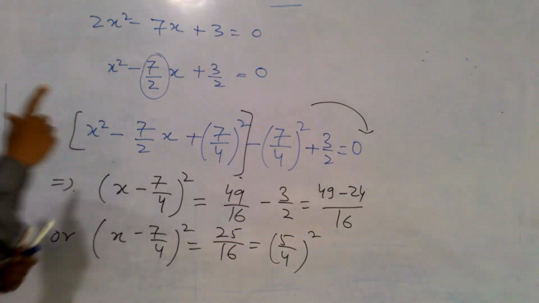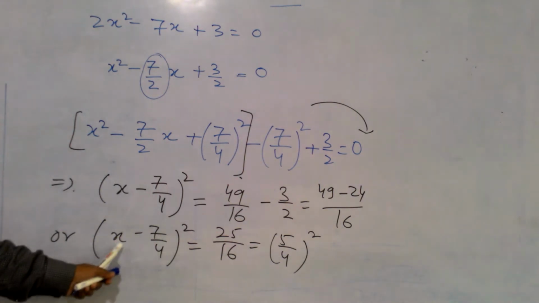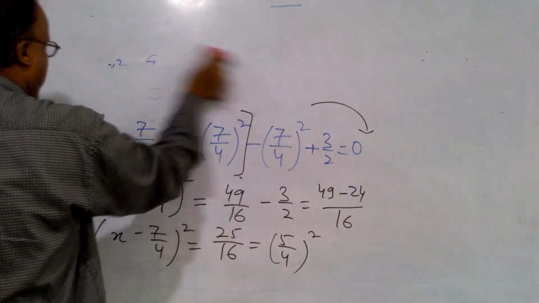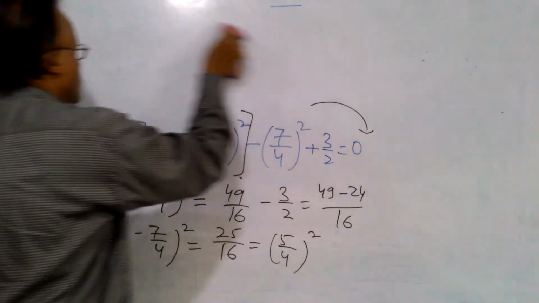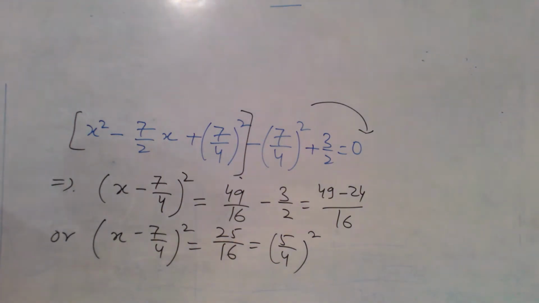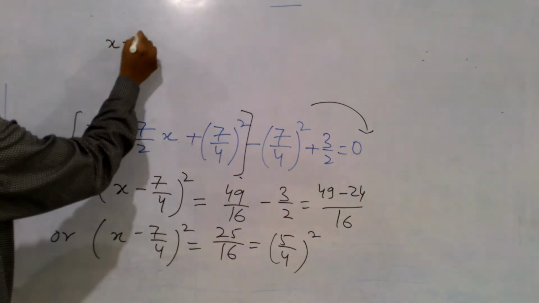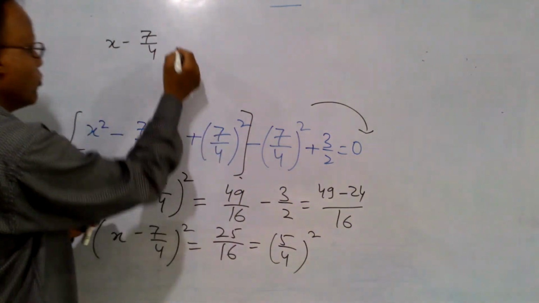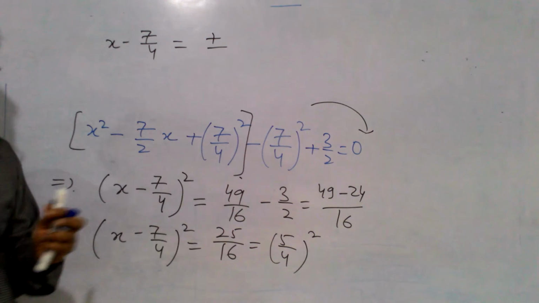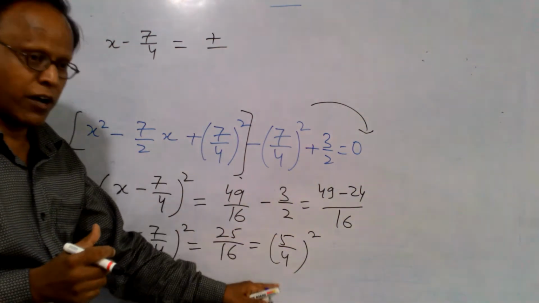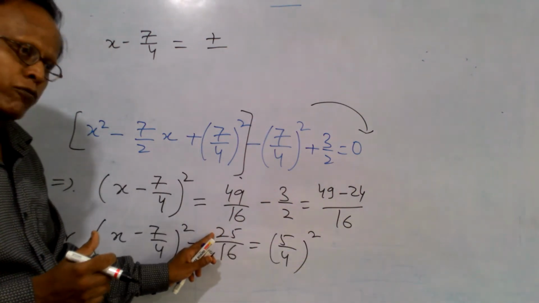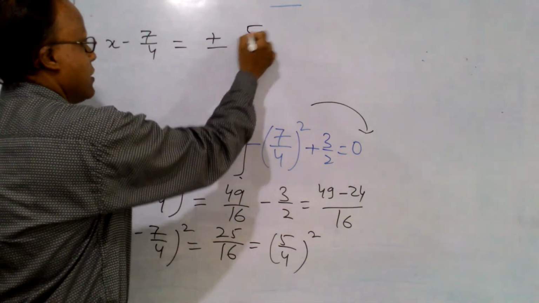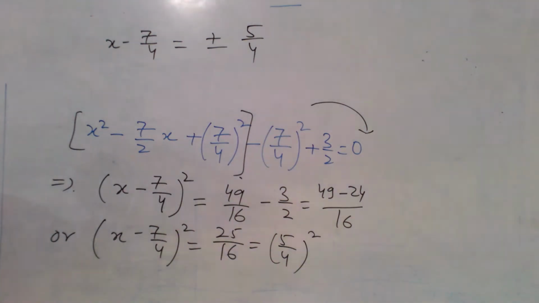We will get x minus 7 by 4 equal to x minus 7 by 4 after taking the square root. And when we take the square root, it becomes plus minus 5 by 4. Square root of 25 is 5, square root of 16 is 4. So plus minus 5 by 4.